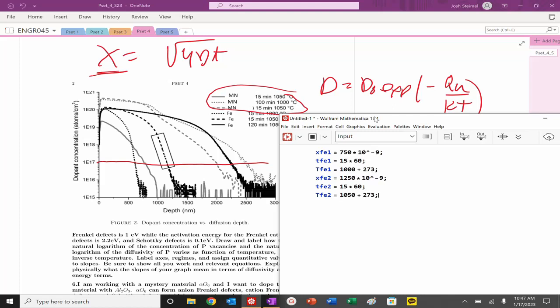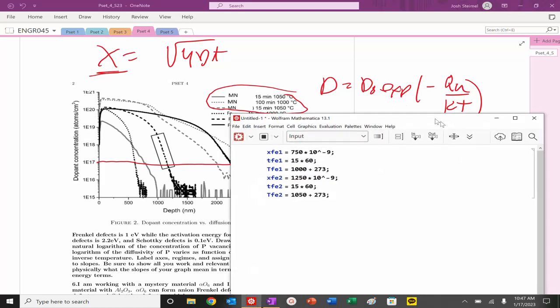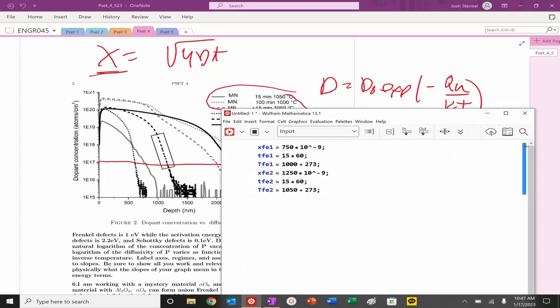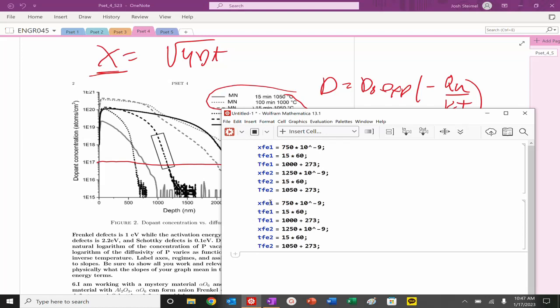And we can now do the same thing for Mn as well. I'm going to copy this and change it to Mn.